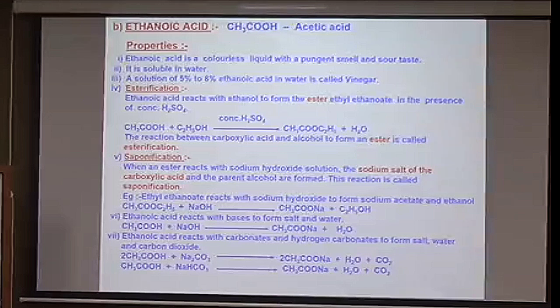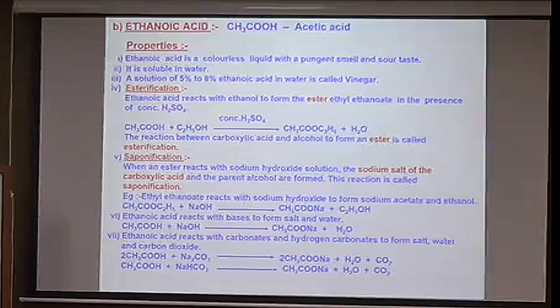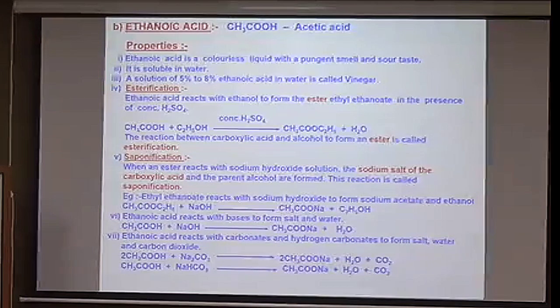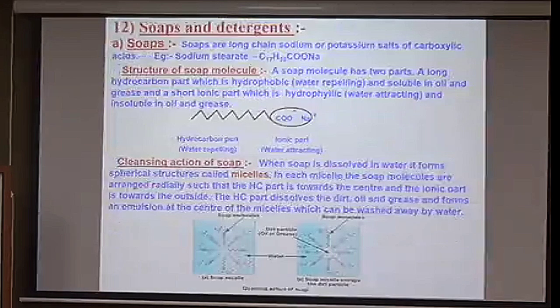This process is called saponification because this reaction is used in the formation of soaps. Soaps are the sodium salts of higher carboxylic acids. This is saponification. As for the remaining chemical properties, I have already discussed that it reacts with a base forming salt and water, and with metal carbonates or bicarbonates.